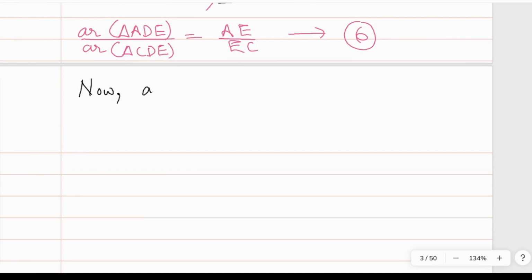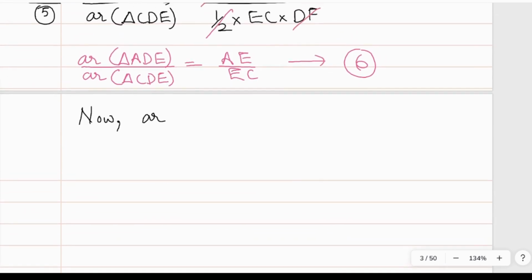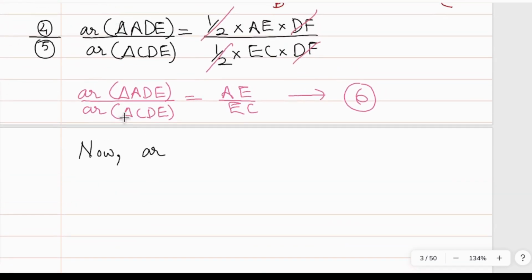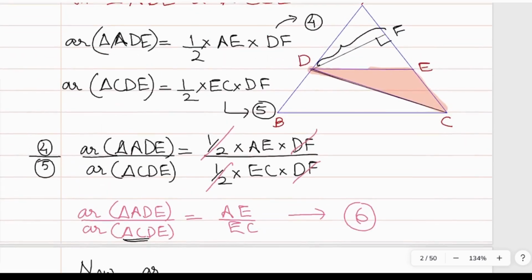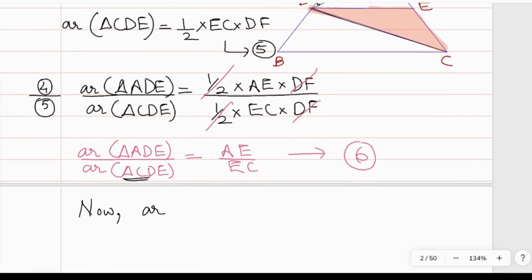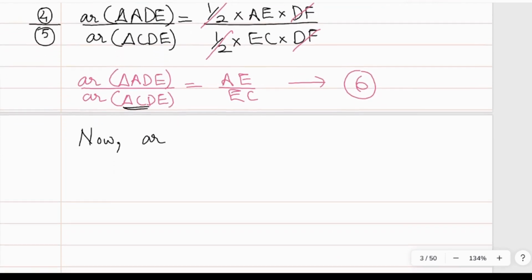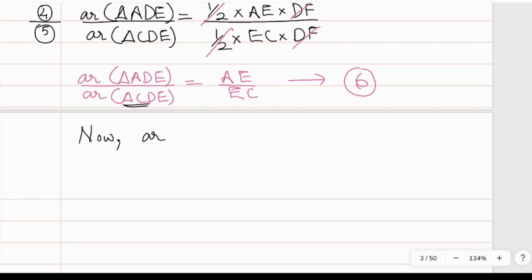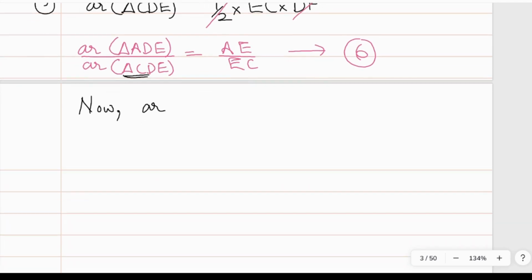Now we can write that if you are looking at the denominator part, you can see that these two triangles, right? This one and this one, right? They are actually equal. We can write that using our theorem that we have learned in 9th grade. Okay. Which theorem? Think that this is a common base and we are having two triangles on the same common base.